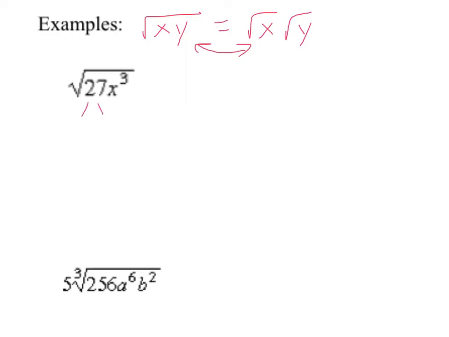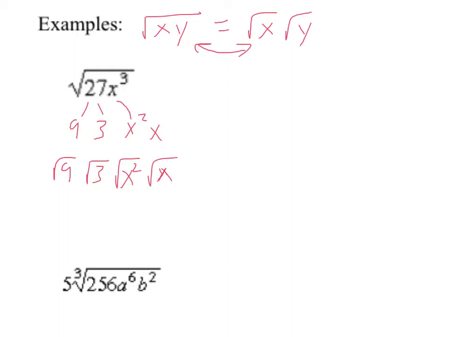So we're going to write this as 9 times 3, and we are going to rewrite x cubed as x squared times x, because we want its square root, so we want to group them in 2's. Now, I'm going to rewrite this as the square root of 9, the square root of 3, the square root of x squared, and the square root of x.